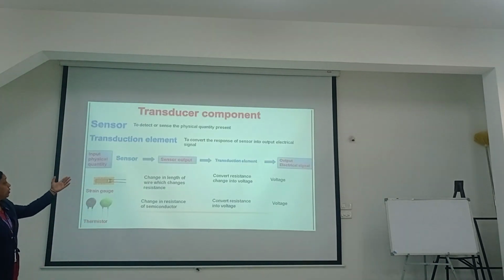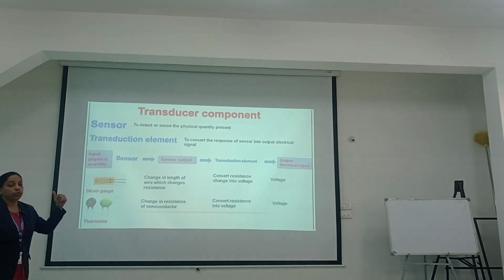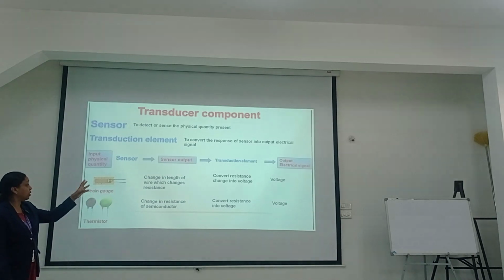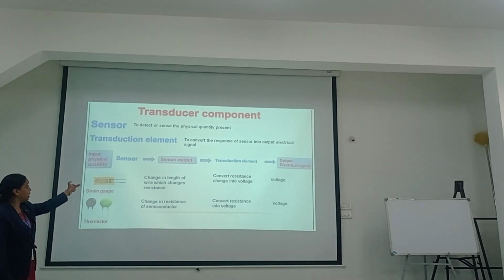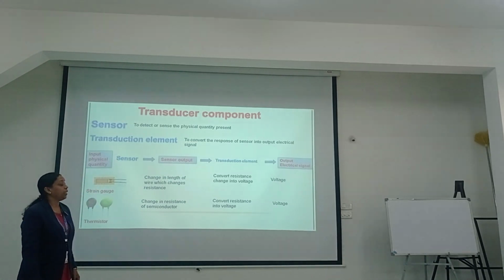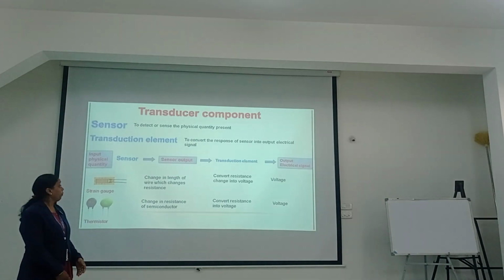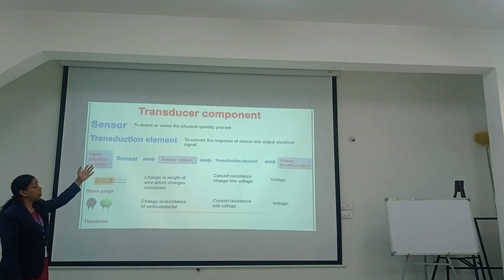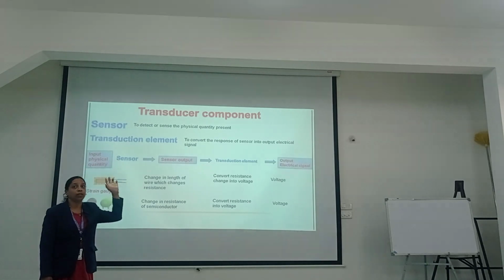So the components of the transducers, there are basically two main components of a transducer. First component is a sensor and the second component is a transduction element. The function of the sensor is it will detect or sense the change in the physical quantities.